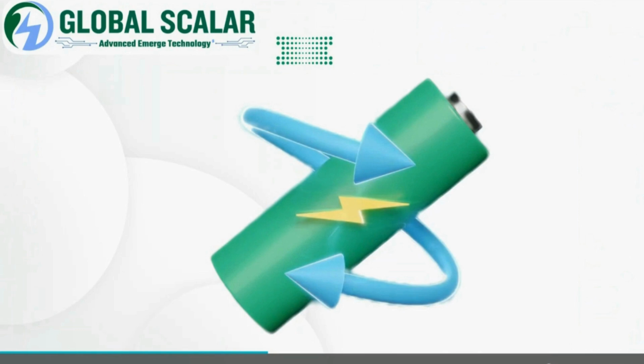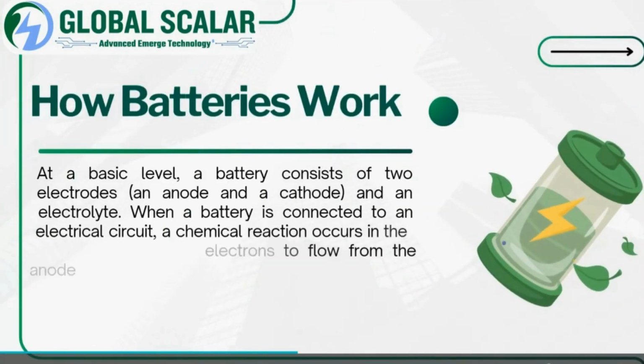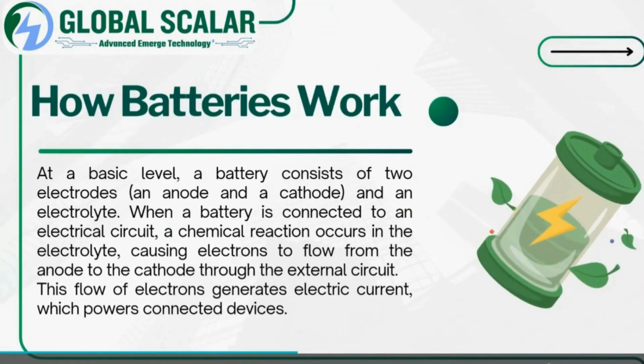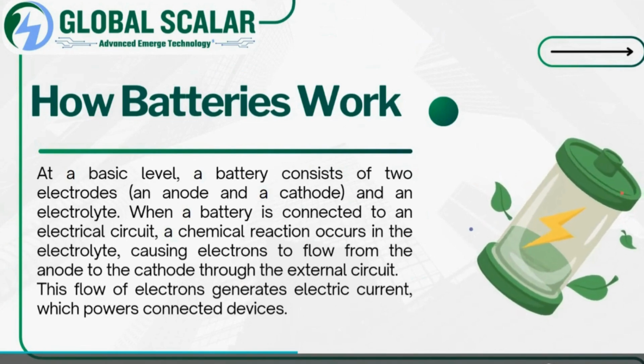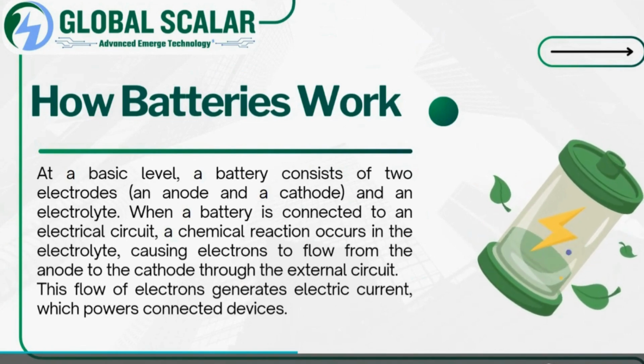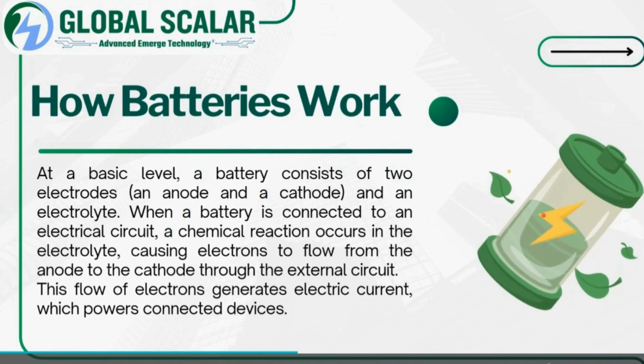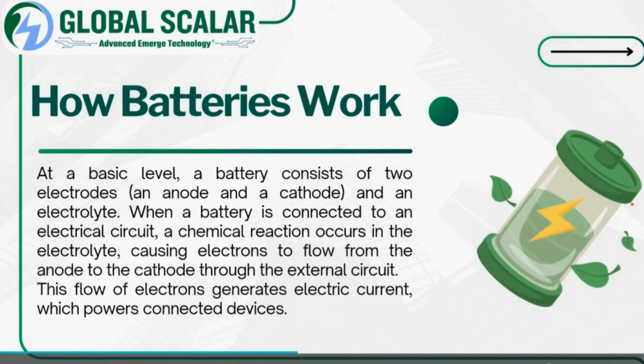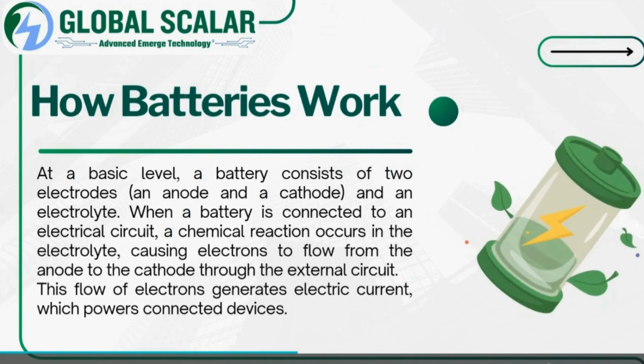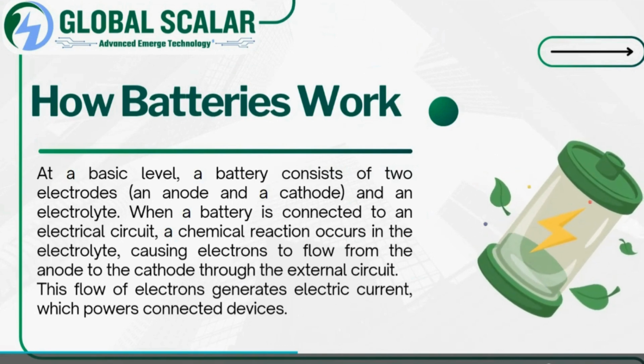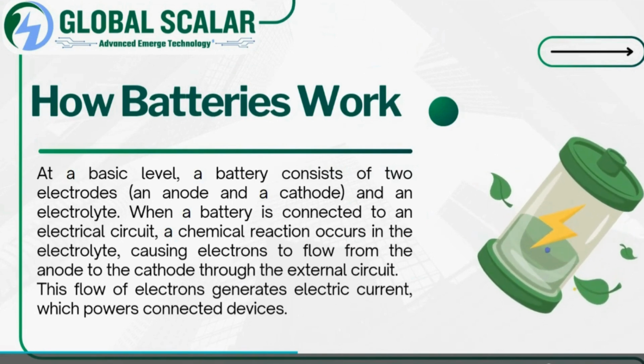And how does this battery work? As we know, it consists of an anode and a cathode, where the electrons flow across. Whenever we connect an external circuit, you can observe whether the battery is charged or not charged. That is the primary working.